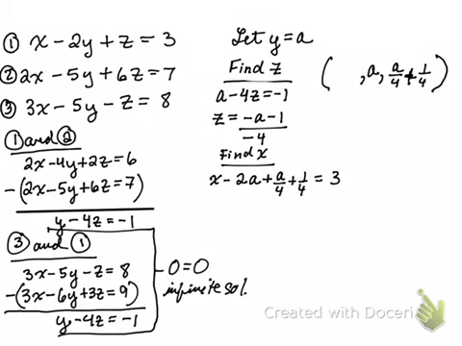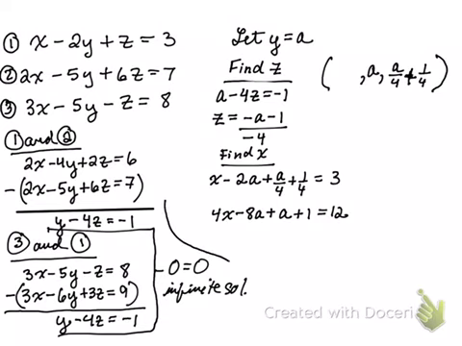And then I'm going to multiply through by 4 just to get rid of the denominator. So 4x minus 8a plus a plus 1 is equal to 12.